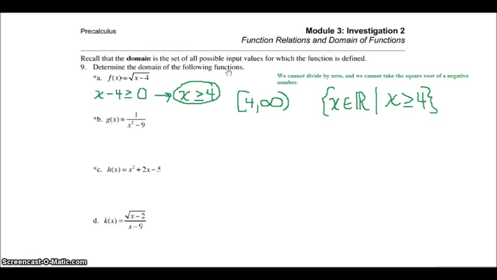Next, we have g of x equals 1 over x squared minus 9. Notice that we have a fraction. And it's important, remember, when thinking about the domain, to keep this in mind: we cannot divide by 0, and we cannot take the square root of a negative number.